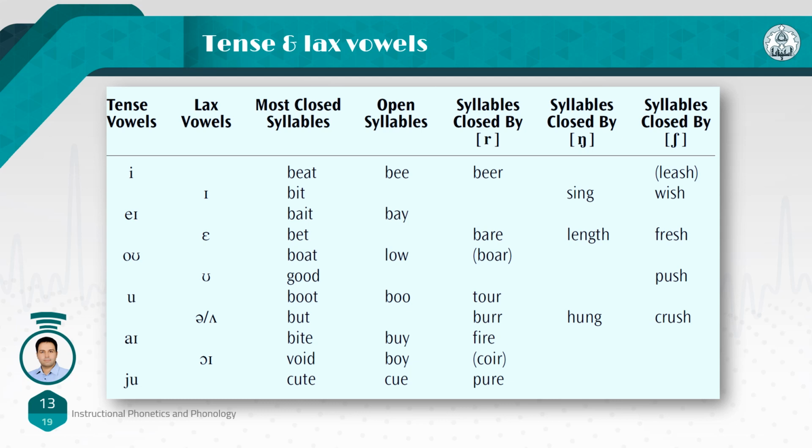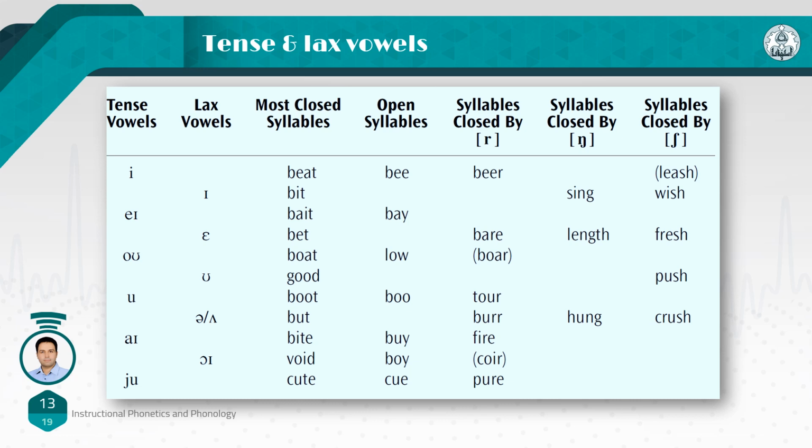In the first column, closed syllables, those that have a consonant at the end, all of the vowels can occur in these circumstances. The next column shows that in open syllables, those syllables without a consonant at the end, only a restricted set of vowels can occur.